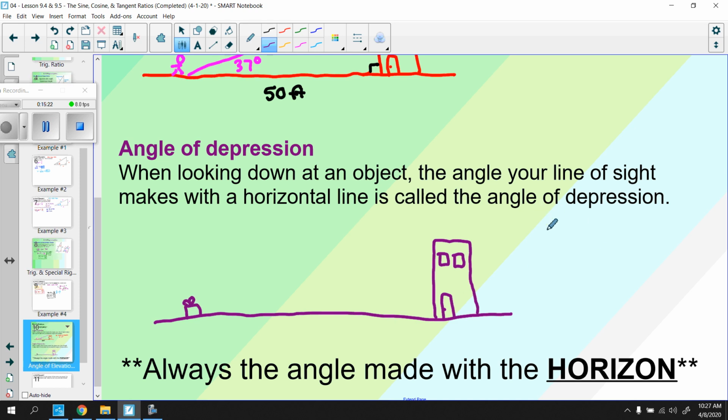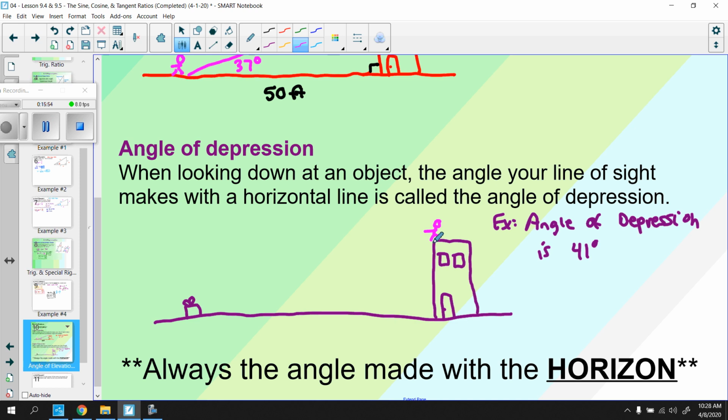And however it's worded, it's going to say the angle of depression is, let's use a different number, 41 degrees. It would say you're standing on top of the building, you're looking down at a box so many feet away, or some object, and the angle of depression is 41 degrees.